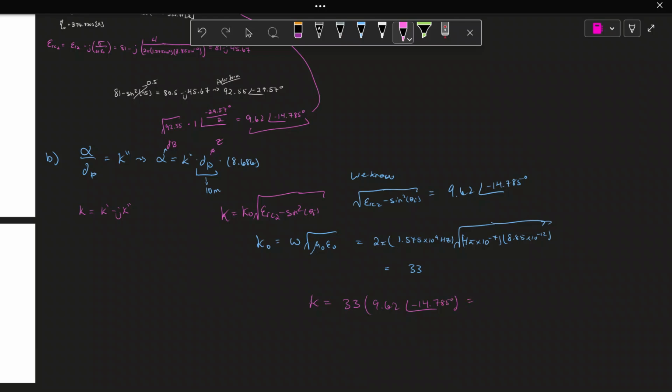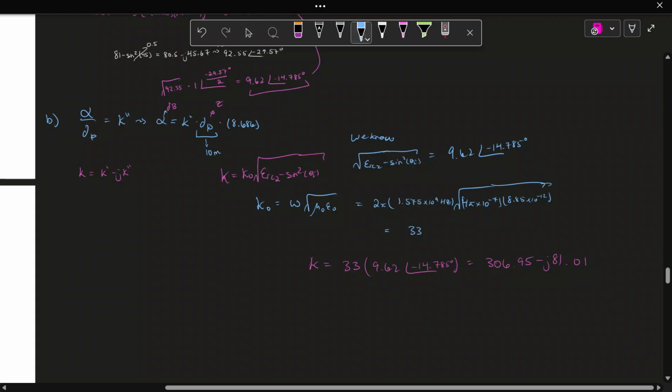Let me make sure this actually gives us the right answer before I say this is the right answer. Yes, okay, cool. So K is then equal to 306.95 minus j81.01. Okay, so that's our K value, but K double prime is what we're looking for.